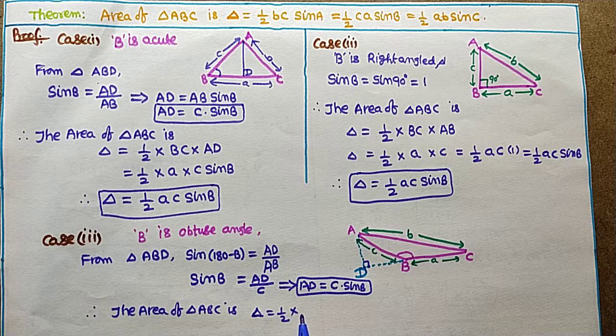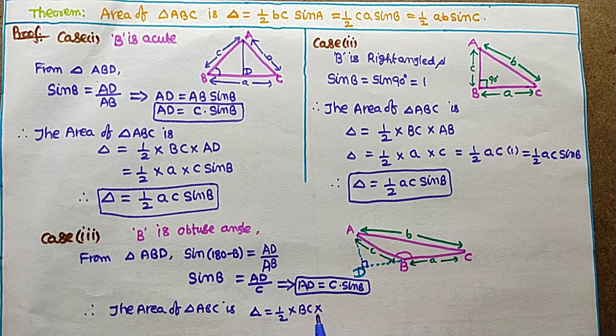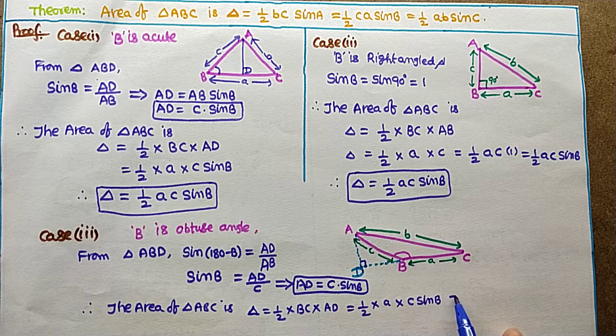What is the base here according to the figure? Base is BC, and height is AD. So half into BC, BC means small a, into AD. AD we got here as c sin B. Therefore, half into a c sin B.